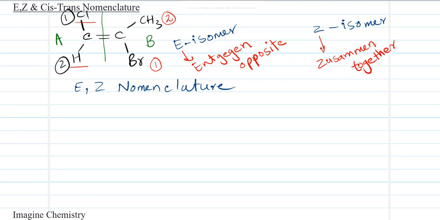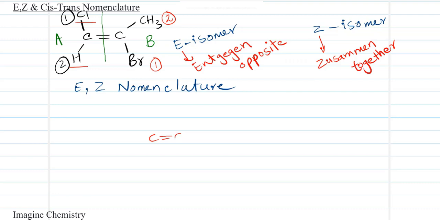So to assign the E Z nomenclature, you just take the molecule, divide it into two parts, work on each part separately, assign the priority orders, and then compare whether the top priority groups are on the same side or on different sides. So let's look at another example.